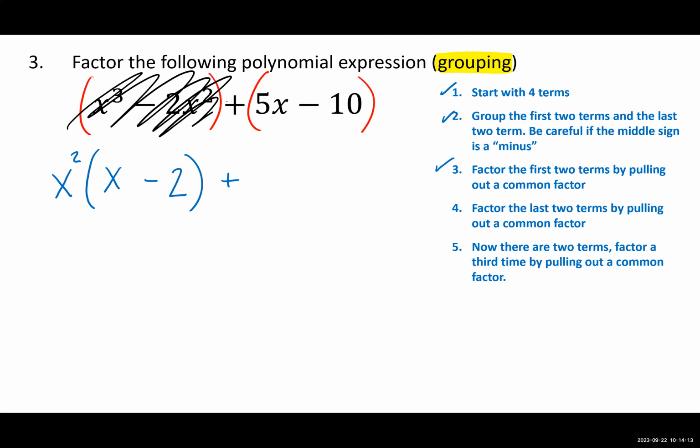First, you factor the first half, then you factor the second half. So 5x and a 10. Well, they don't have any x's in common, but both of those numbers contain a 5. 5 is 5 times 1, 10 is 5 times 2. So there's a common 5 there. And what's left from the first term would be x, and what's left from the second term would be 2.